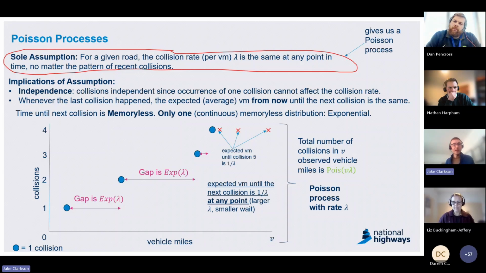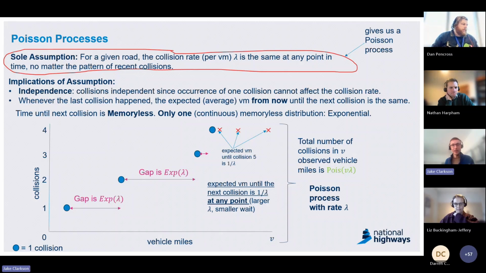And from a property of the exponential distribution, this expected amount of vehicle miles until I see the next collision is 1 over lambda. So to summarize, the expected vehicle miles until the next collision is equal to 1 over lambda at any point. And because it's 1 over lambda, the greater the collision rate lambda, the smaller the expected vehicle miles until the next collision.